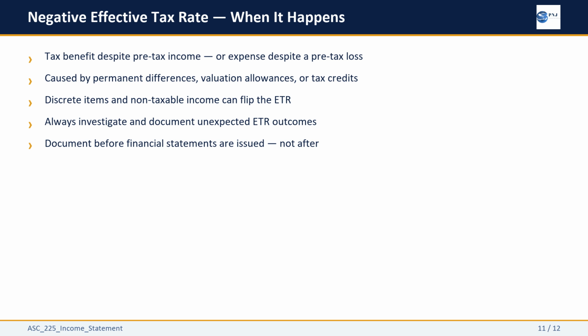The problem is not having a negative ETR. The problem is failing to understand why it occurred. Every unexpected ETR result must be investigated and documented before the financial statements are issued. Auditors and regulators will ask, and the answer needs to be ready.